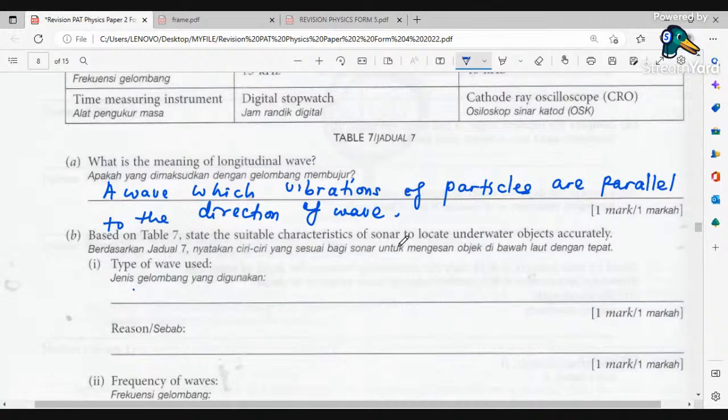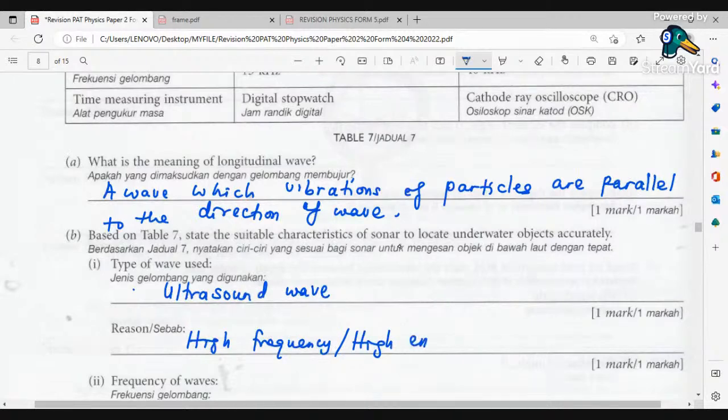Okay, type of wave, ultrasound wave. Okay, reason, high frequency, high energy, can travel to deeper region or can penetrate deeper water.